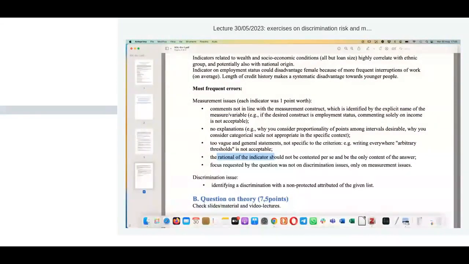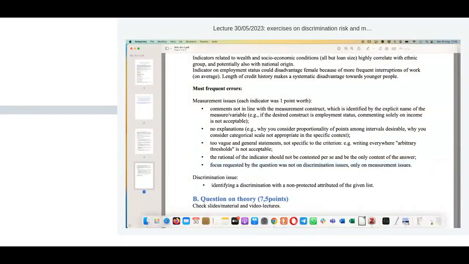You have a set of variables, and I asked you to find the measurement issues for each variable. Finding discrimination risk in the first question? No, the first question was about measurement issues. This was also a frequent problem.